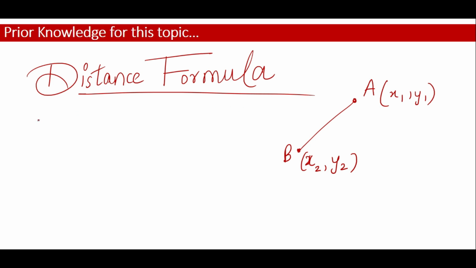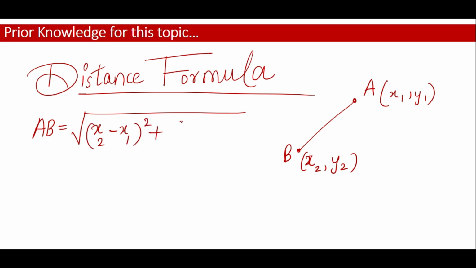The distance formula, the length of the line segment AB, can be given by the square root of x2 minus x1 the whole square plus y2 minus y1 the whole square. Now there is no harm in taking x1 minus x2 the whole square or y1 minus y2 the whole square, because the difference is getting squared, so there wouldn't be an issue with the signs.